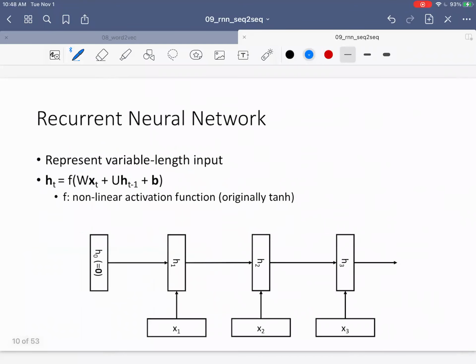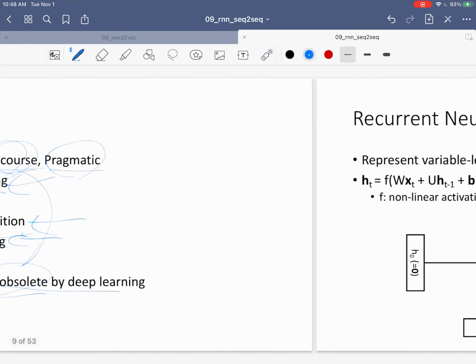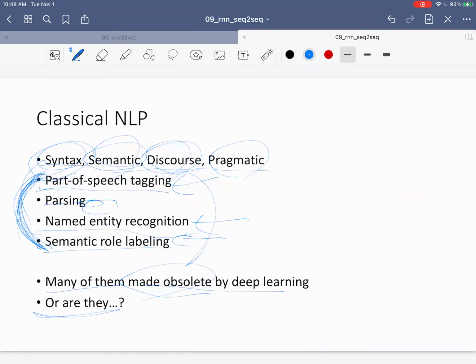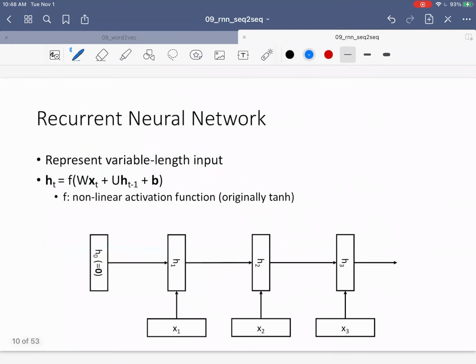All right, so the thing that made these all kind of obsolete, that sparked the whole movement, is the RNN in 2013, 2014. So what is an RNN? An RNN is a model that can handle variable length input. So it's a perfect architecture for handling sentences or text, or even time series or whatever.